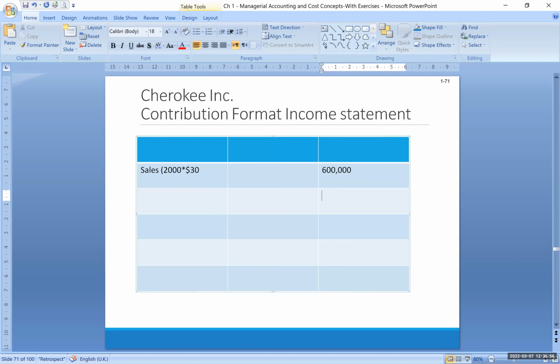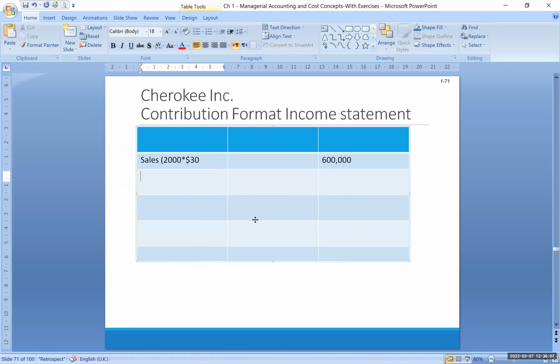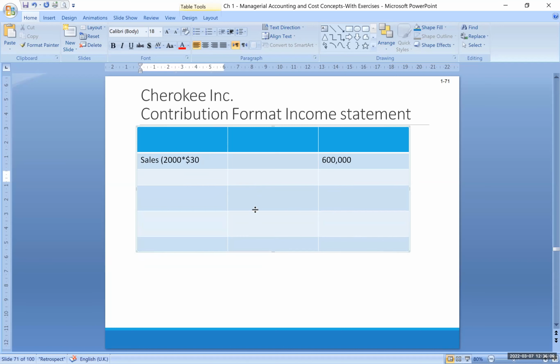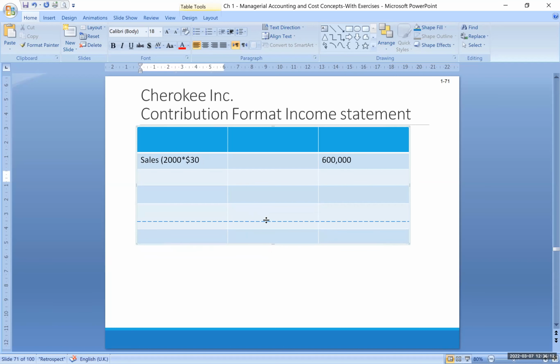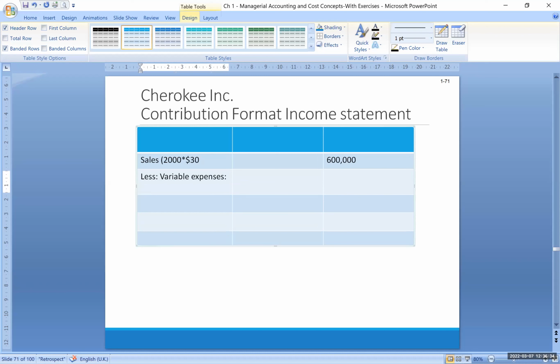$600,000. For the second line, for the contribution margin, we have to deduct what? We deduct the variable parts only, not all the expenses. So, less variable expenses or costs. Then we need to pick what variable costs we have.